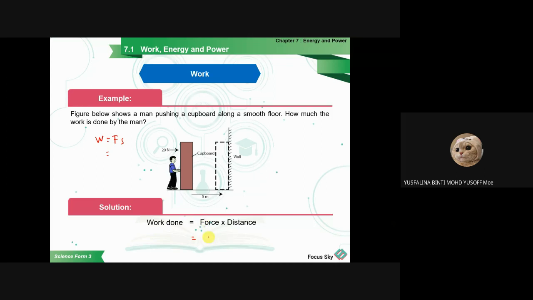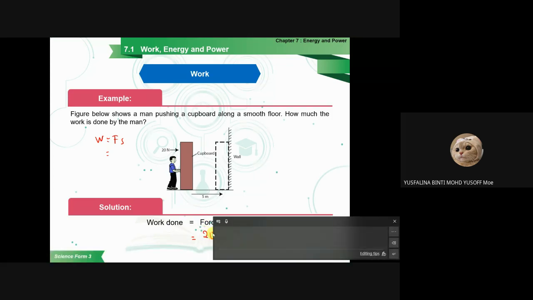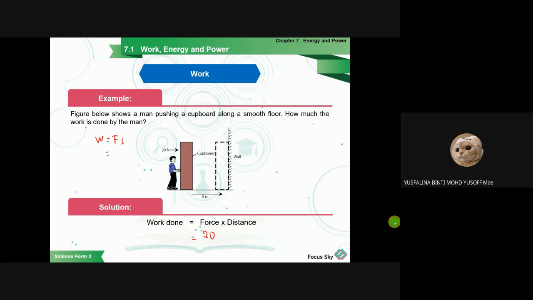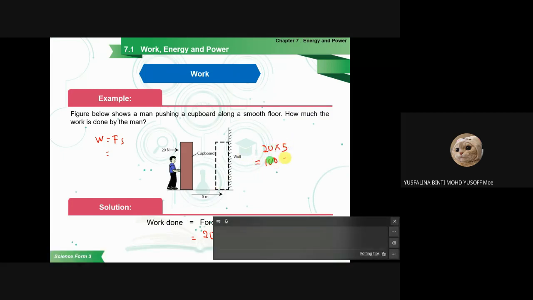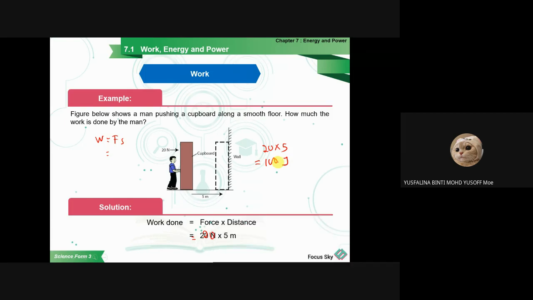Yes, 100. So 20 Newton times 5, right? So 20 times 5, you will get 100 joule. Let's check whether the answer is correct or not. Yes, 100 joule.